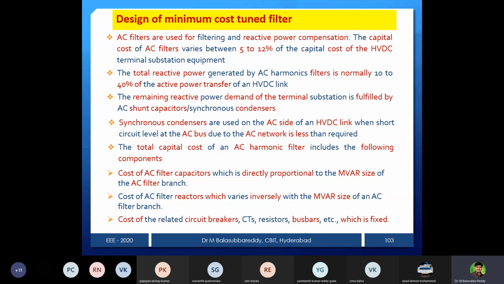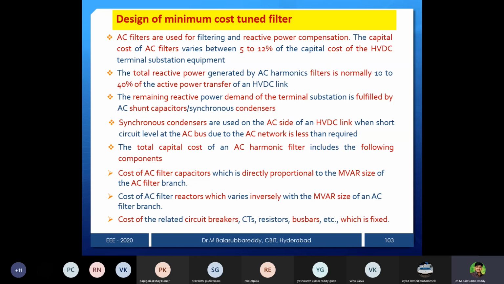But in the cost aspect, in a tuned filter, one is the capacitor. That is the cost of capacitors, which is directly proportional to the reactive power, that is the MVAR size of the AC filter branch. So whatever reactive power the capacitor is going to supply, the cost is based on that. We call it QC, the capacitor reactive power in MVAR.